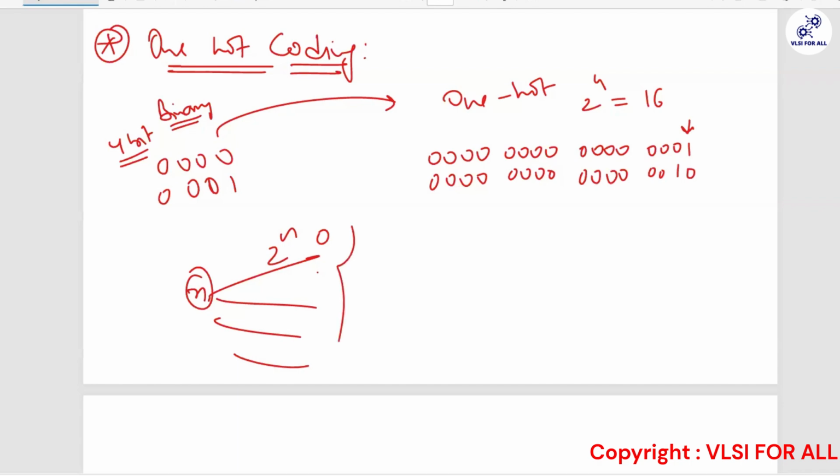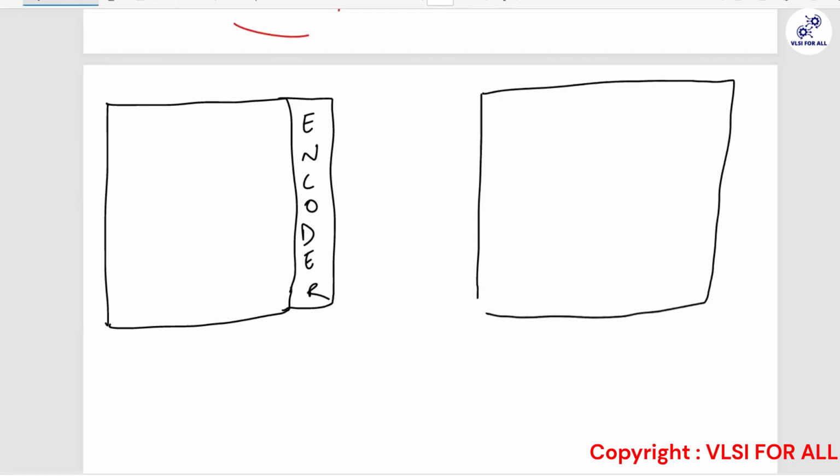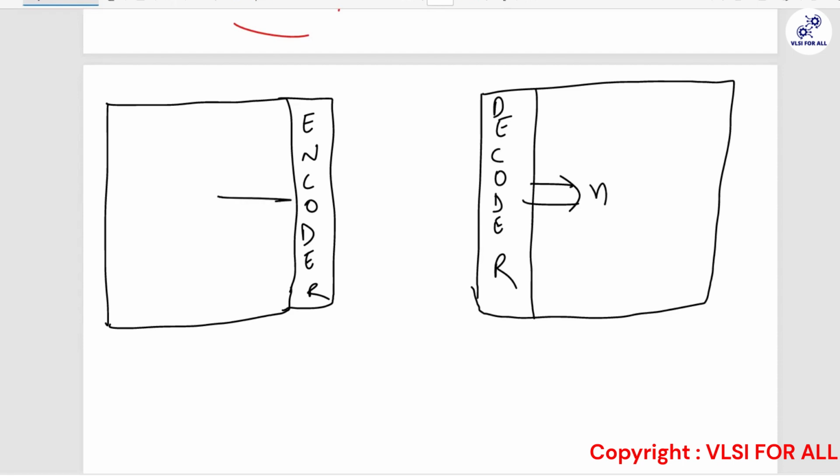Okay. So let's say I take that same example. We have a sender, we have an encoder here, and similarly we have a decoder here. Here we'll get the n bits since we are transferring n bits.